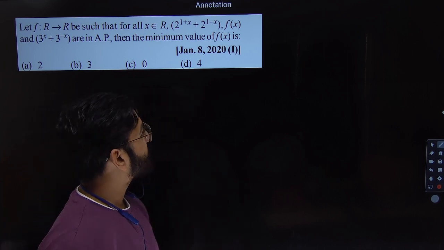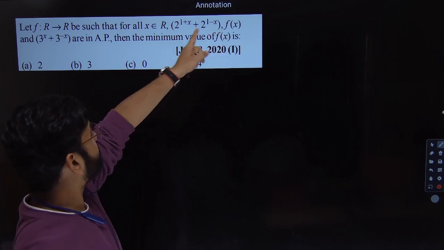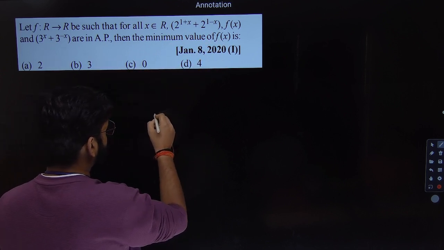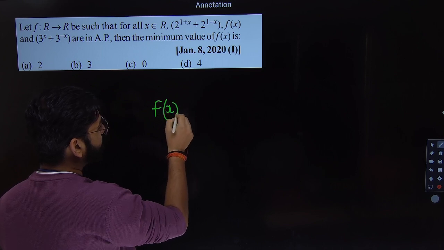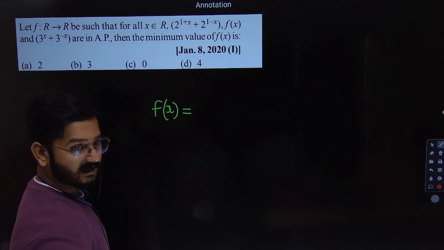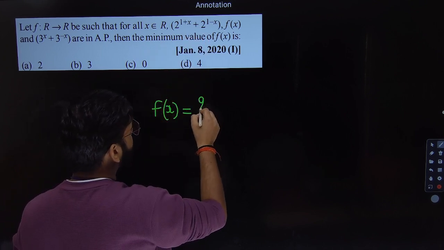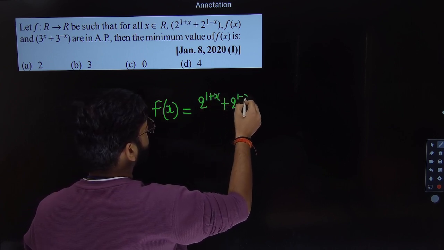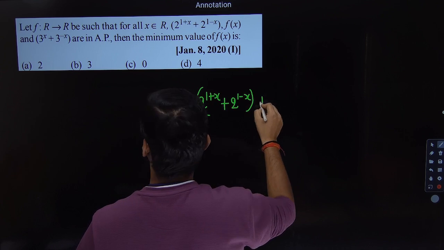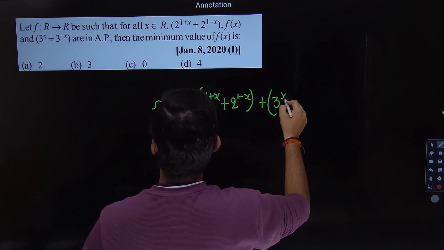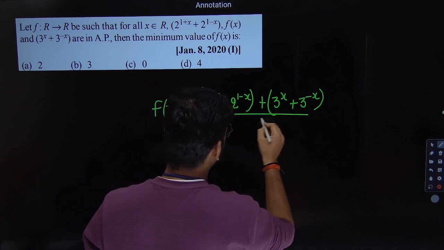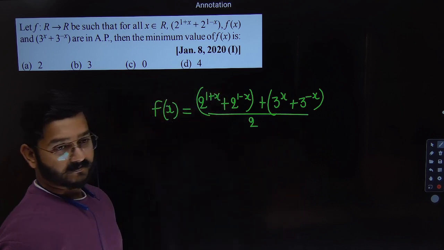You are correct that we can find f of x because these three terms are in AP. So what can we write? The center term will be the mean of first term and last term. It will be 2 to the power 1 plus x plus 2 to the power 1 minus x plus 3 to the power x plus 3 to the power minus x, by 2.